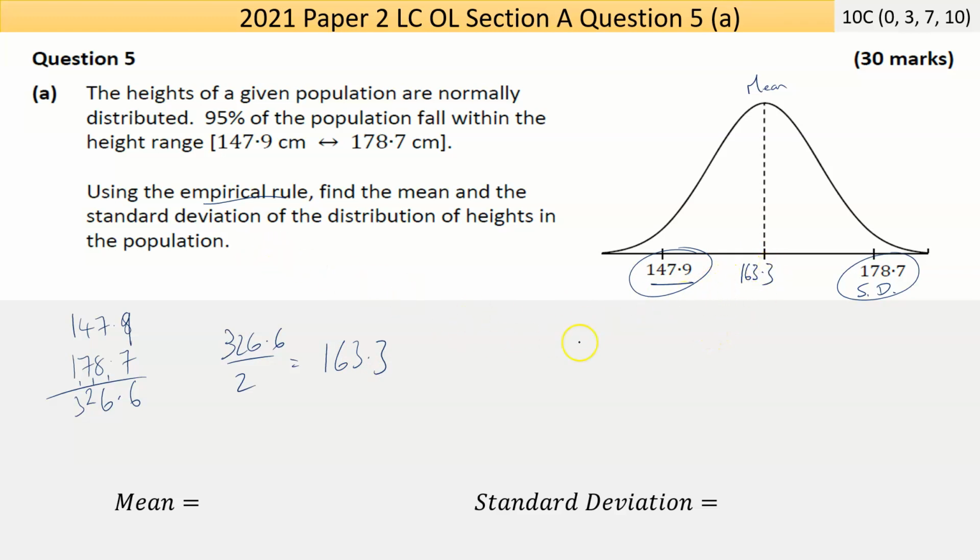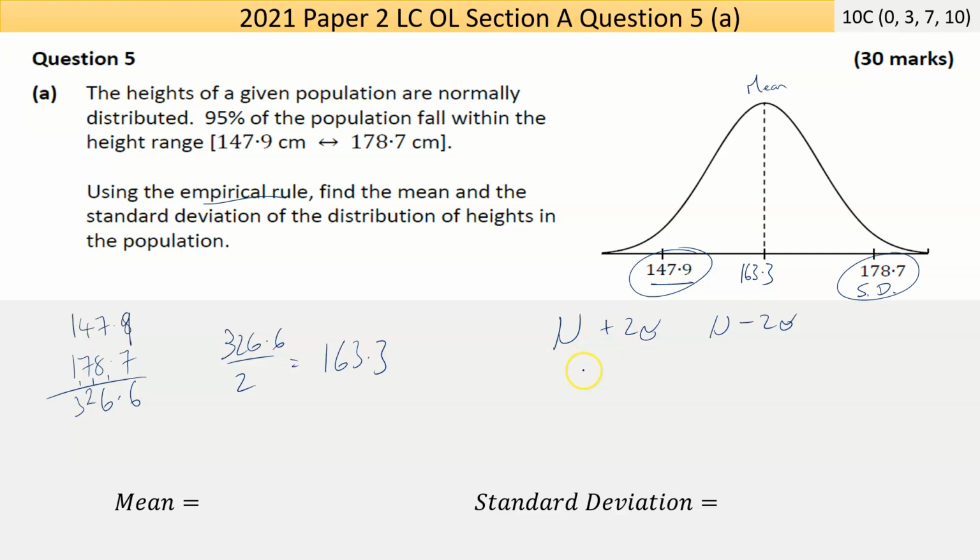Now, what the empirical rule says is that if you have the mean, that's the Greek symbol mu, the upper and lower limits of the second standard deviation are either the mean plus 2 sigma, where sigma is the standard deviation, or the mean minus 2 sigma. I'm going to take the one that is plus 2 standard deviations.